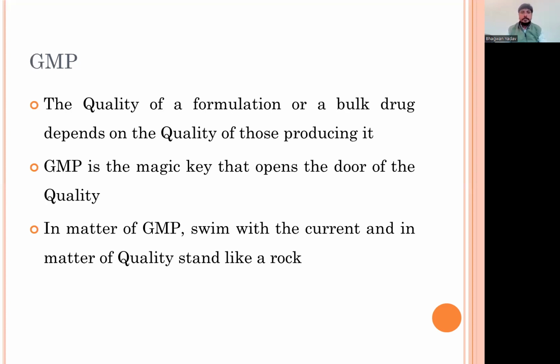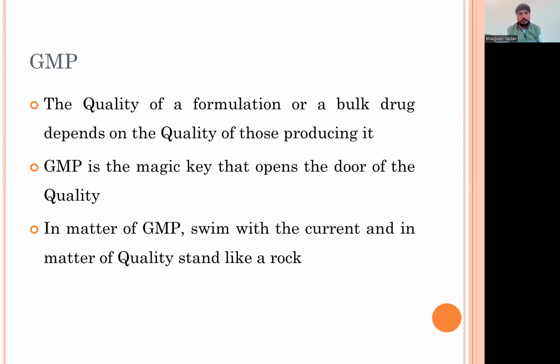Next part is GMP. The quality of a formulation or a bulk drug depends on the quality of those producing it. We can directly say that output is directly proportional to input. Without inputs, we cannot get the output.